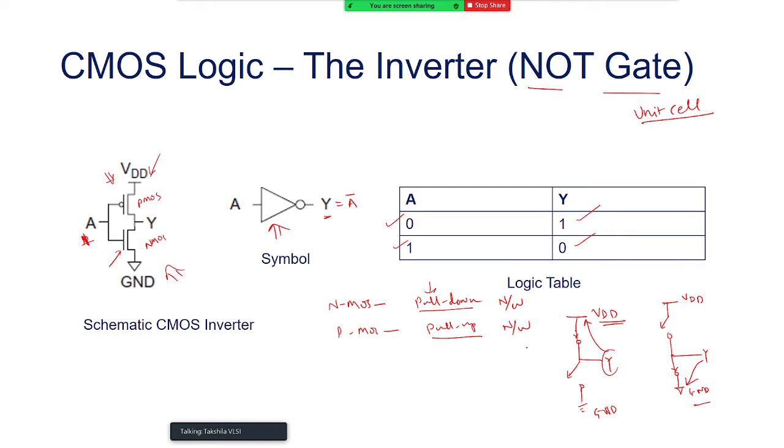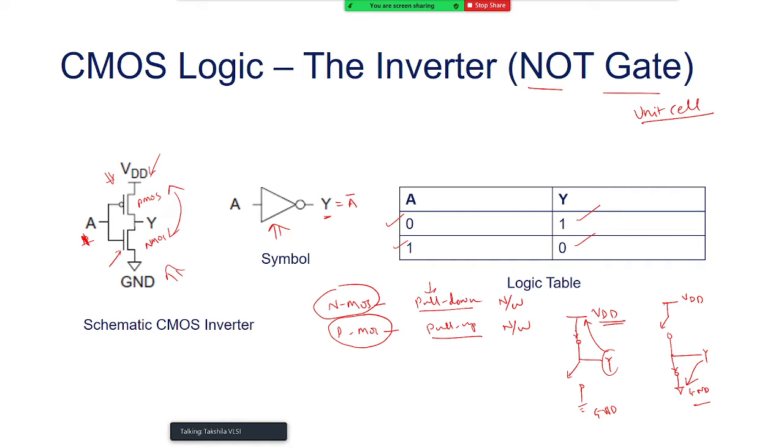So whenever I want to design a logic circuit, I will use NMOS transistors as a pull-down network and PMOS transistors as a pull-up network, right? And I also informed you about what happens if I switch the positions of the NMOS and PMOS.